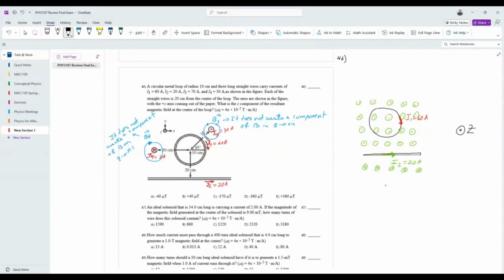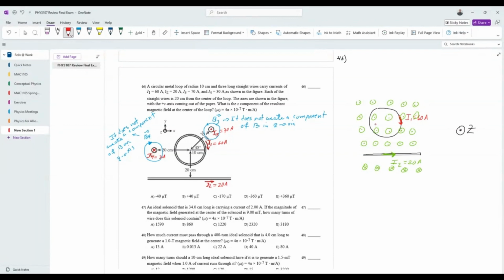Now the current I sub 1 creates a magnetic field that in the inner part of the loop goes into the plane of the paper, and outside the loop goes out of the plane of the paper.